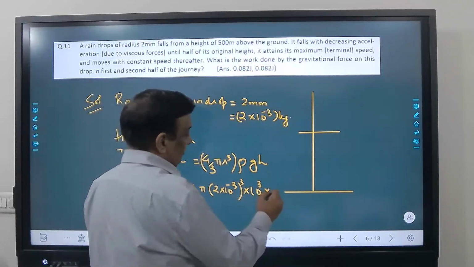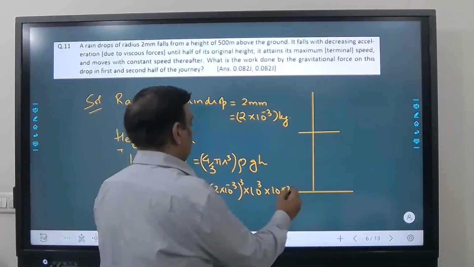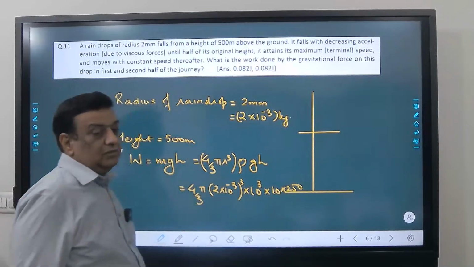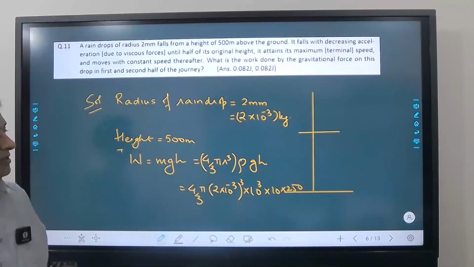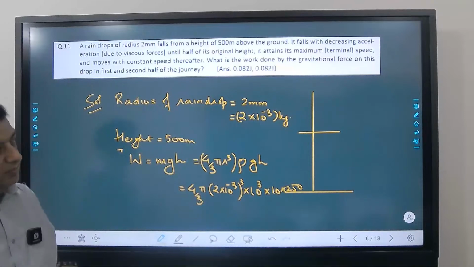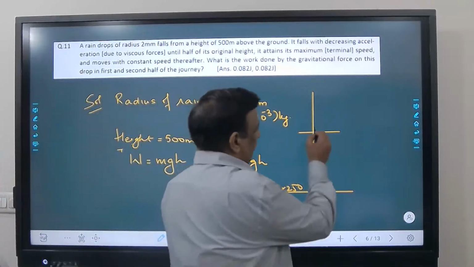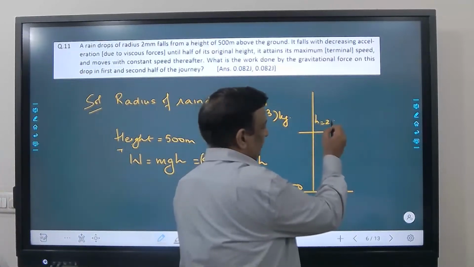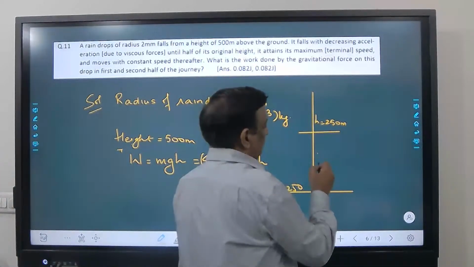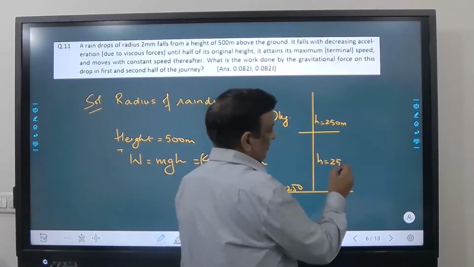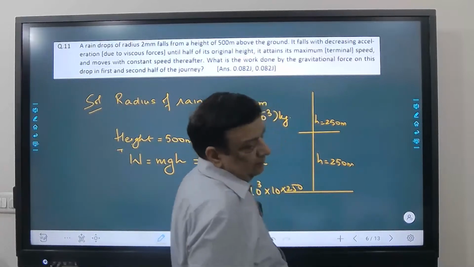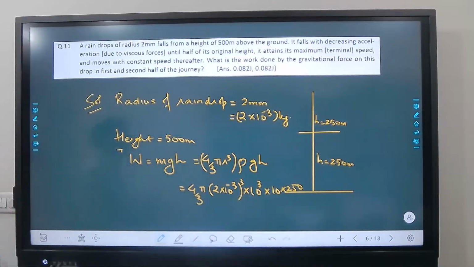Density of water 1000. जो फर्स्ट 250 मीटर में वर्क डन होगा वही नेक्स्ट 250 मीटर में होगा बिकॉज दोनों केसेस में जो एच है वो 250 है और मास ऑफ ड्रॉप भी सेम है. So work done is same in both the cases.